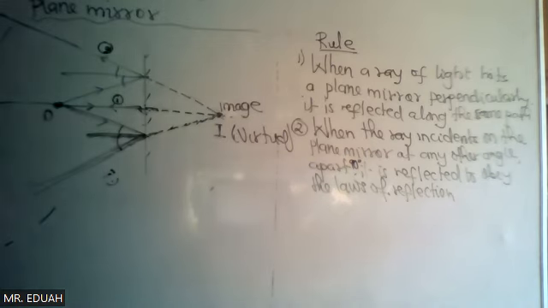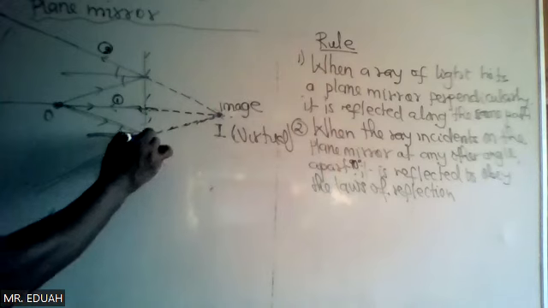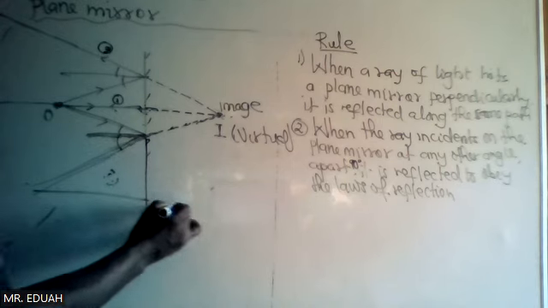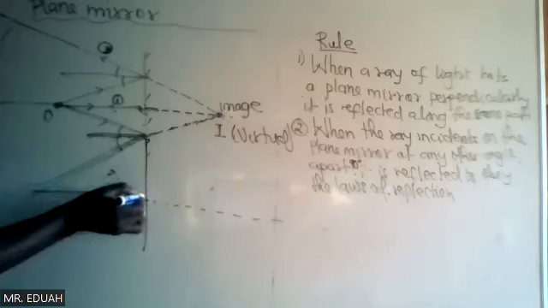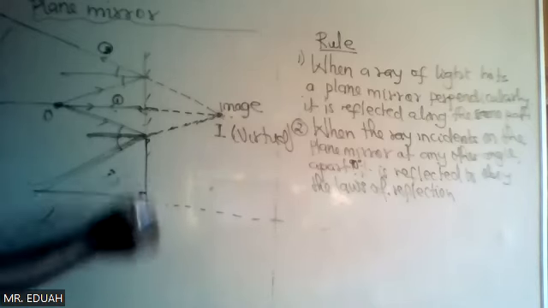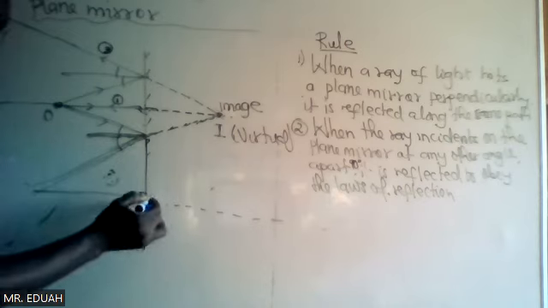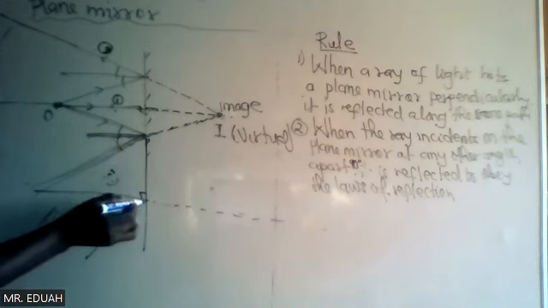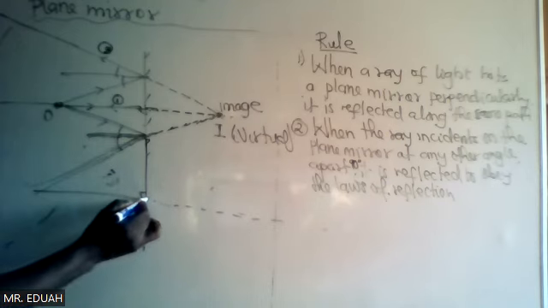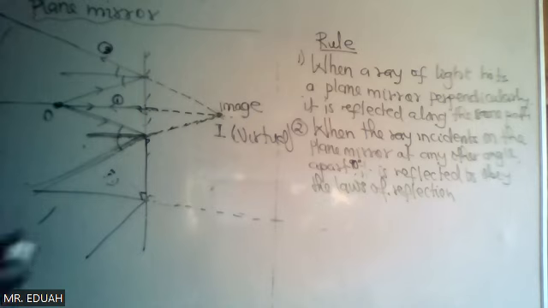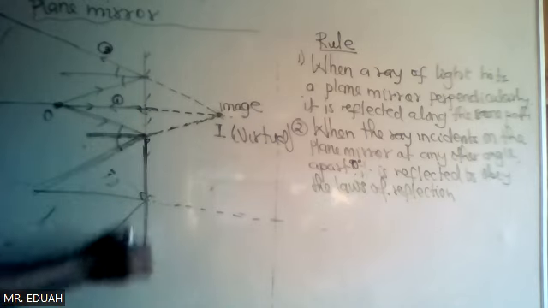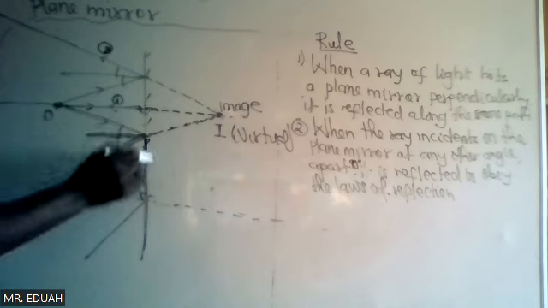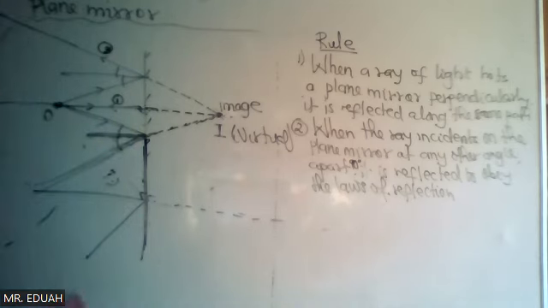If the other end is not coated, then when light hits it at 90 degrees, it is supposed to go straight. When it hits at an angle, part of it will be reflected and part of it will be refracted. So the mirror behaves as an opaque material because the other end is coated with silver, and that prevents light from just passing through it and not getting reflected.